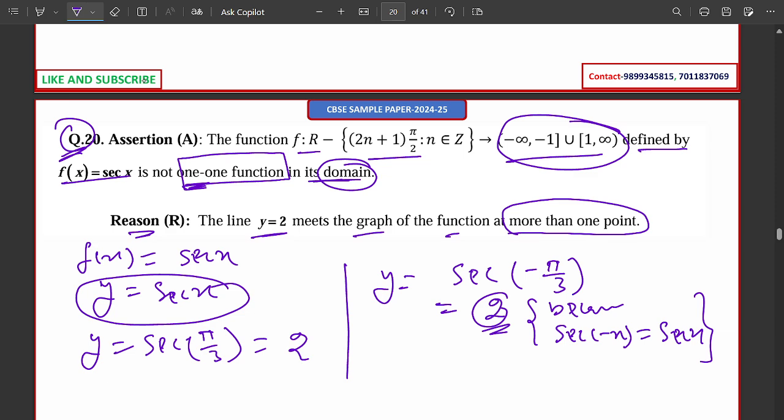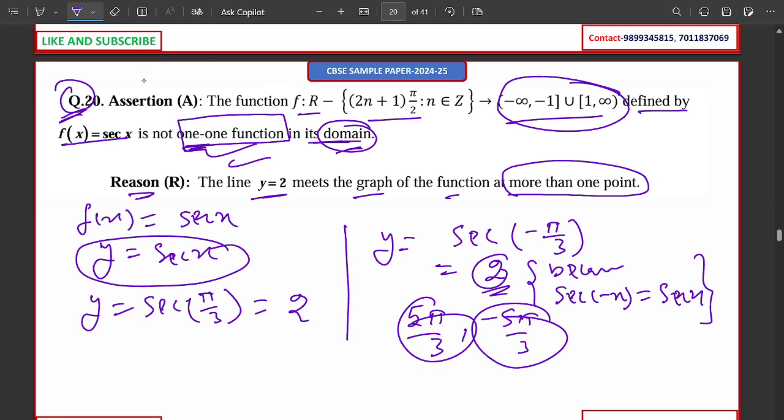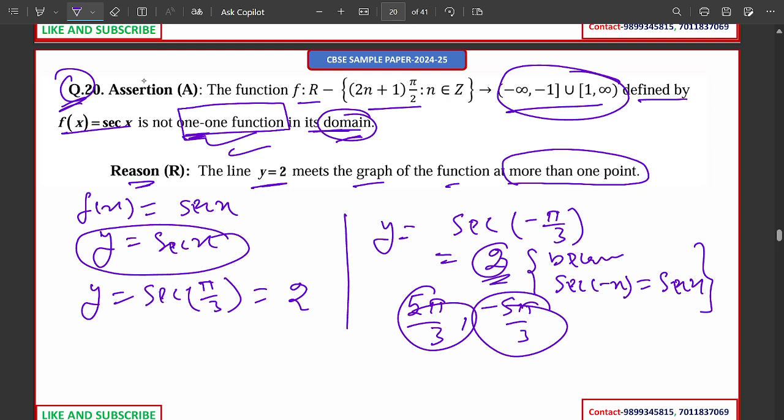So we get two values on this domain, so it means the function is not one-one. We can also find the value for other values, like 5 pi by 3 and minus 5 pi by 3, which also give 2. So we find more than one value. So this function is not one-one, so it means assertion is true.